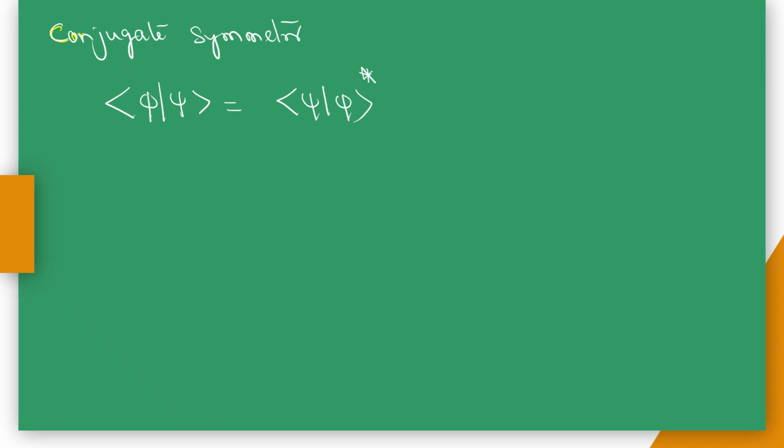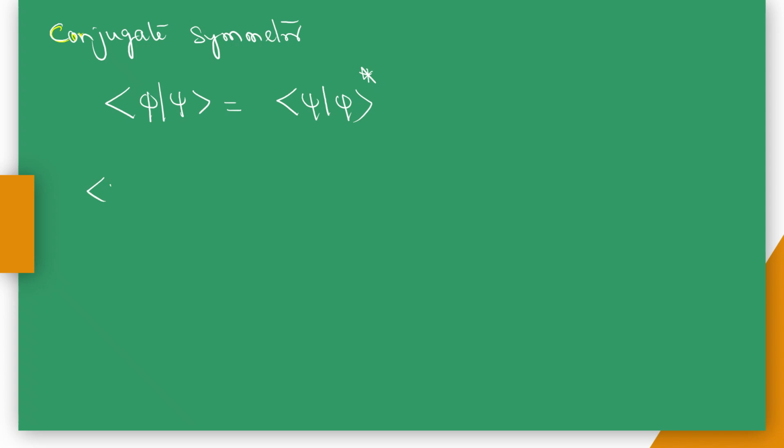So here the inner product between the two state vectors is equivalent to the complex conjugate of the inner product after swapping the two state vectors.